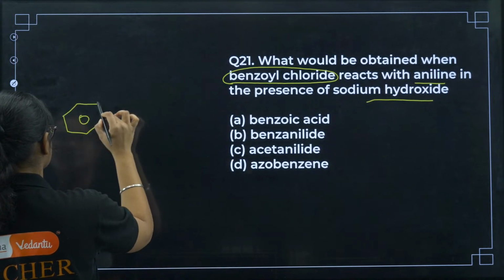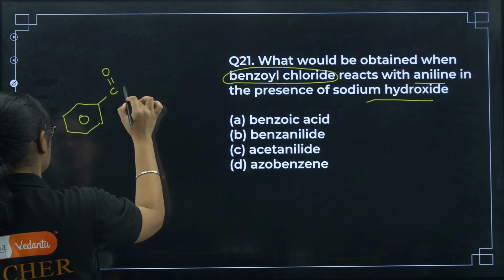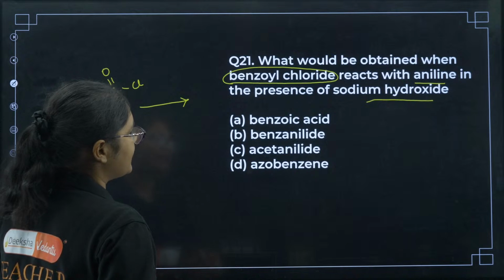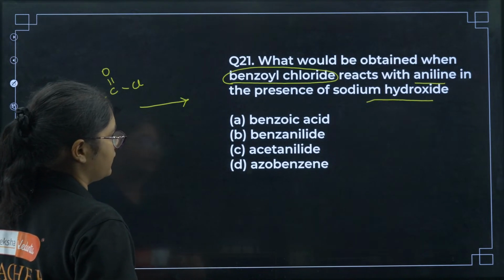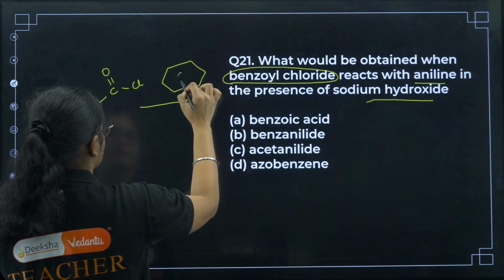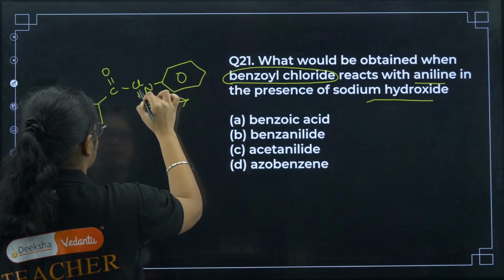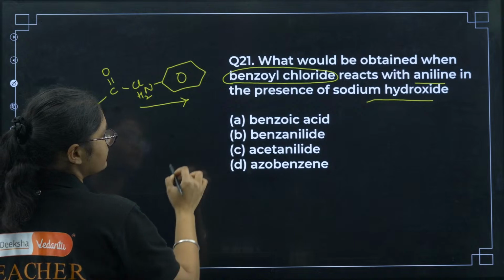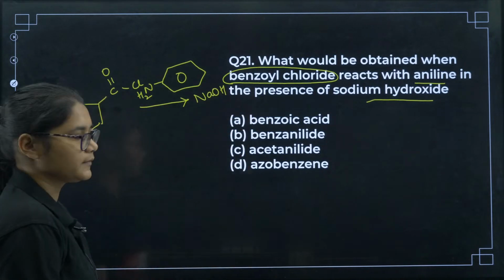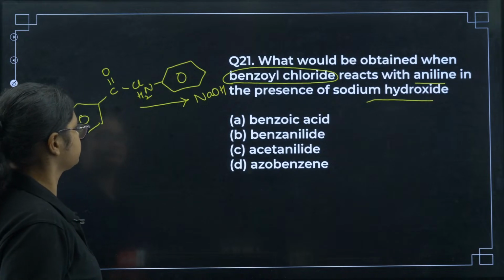You have here benzoyl chloride, and it is reacting with aniline in the presence of NaOH. What will be the product? Can you guess the product here?